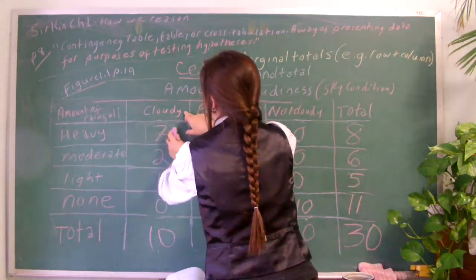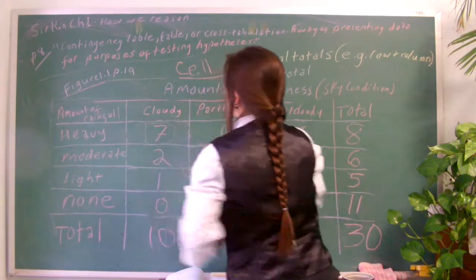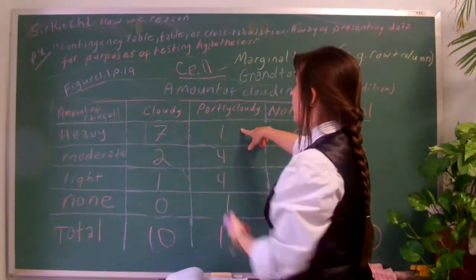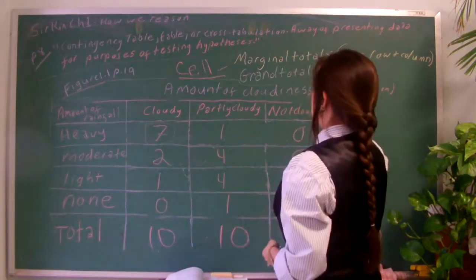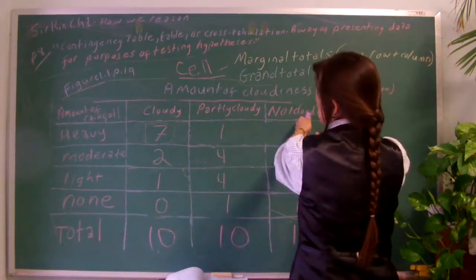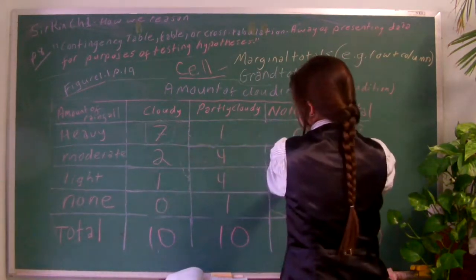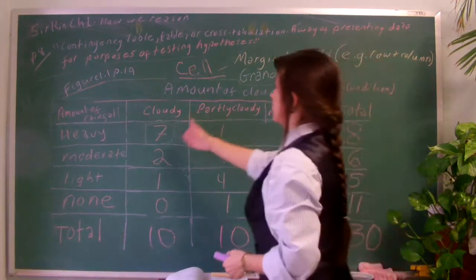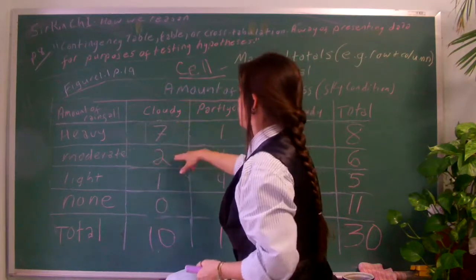For that cell, it has the number 7. That's a cell, and this would be another cell, partly cloudy and heavy rain. And not cloudy and heavy rain would be another cell, that would be 0. And again, this would be a cell. So what it's looking at is where the column and the row connect.